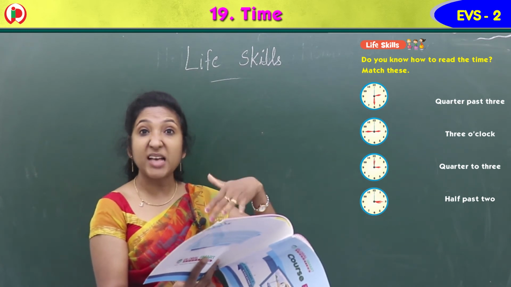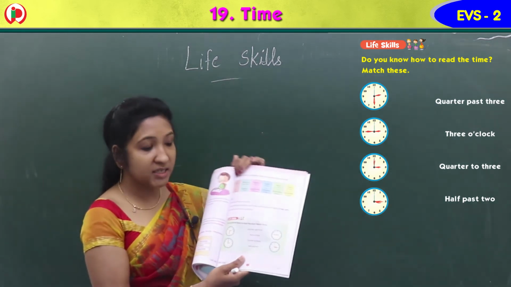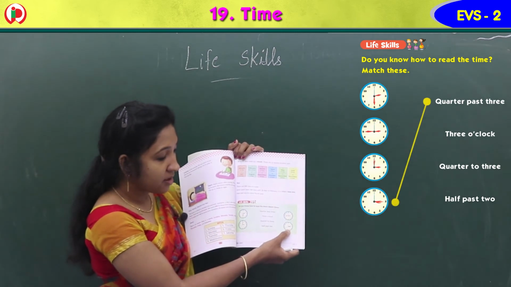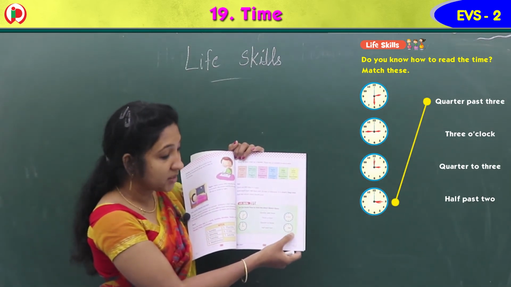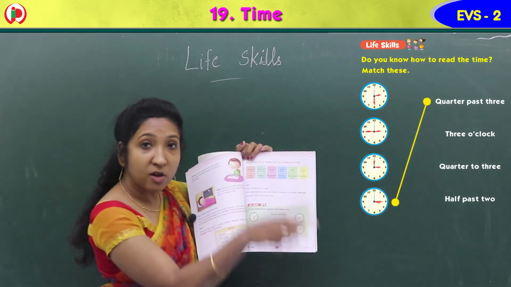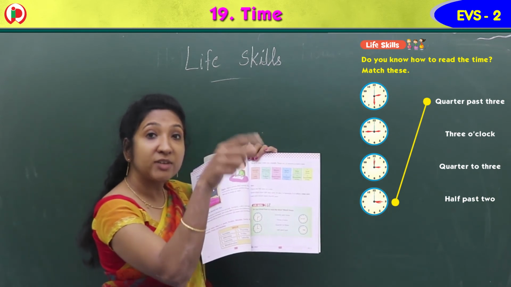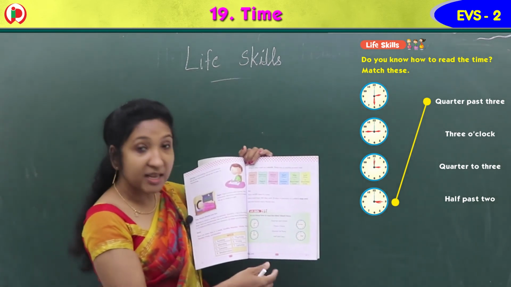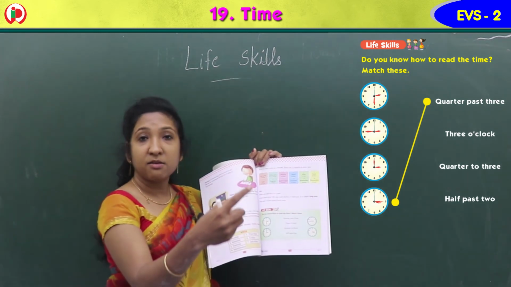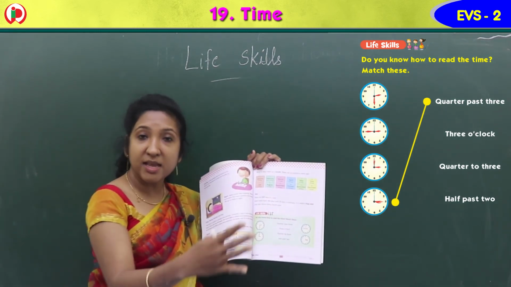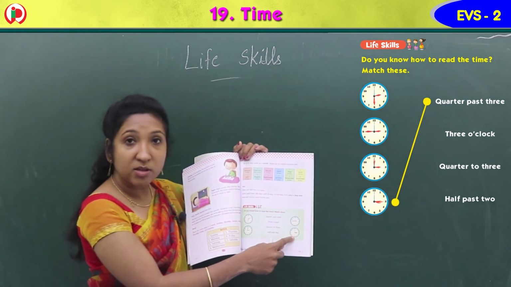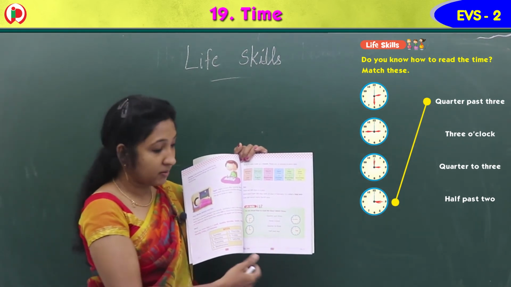So quarter past 3, it is now 3:15, we say. Quarter past 3 means 3:15, from 3 it crossed 15 minutes. So this is the image that you have to match.